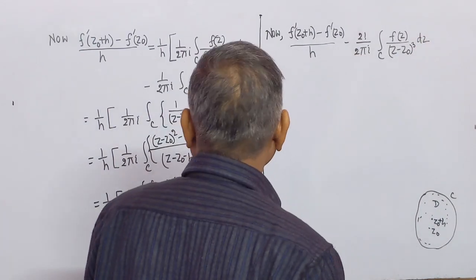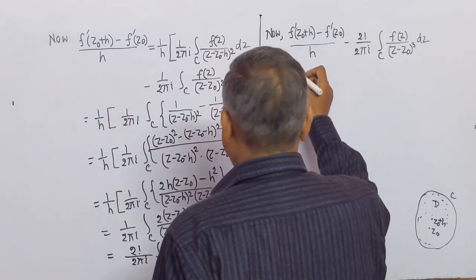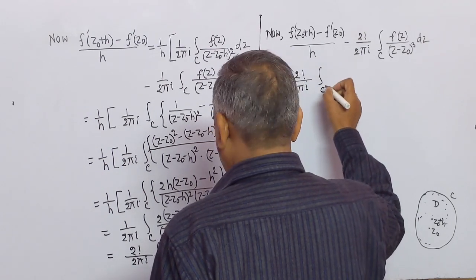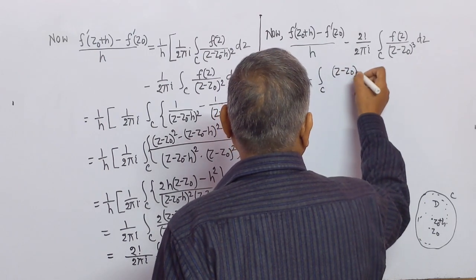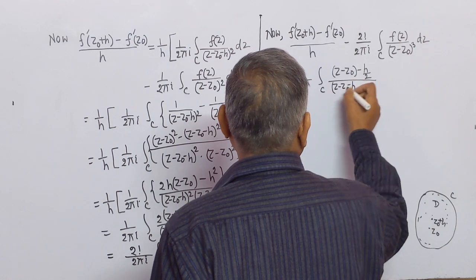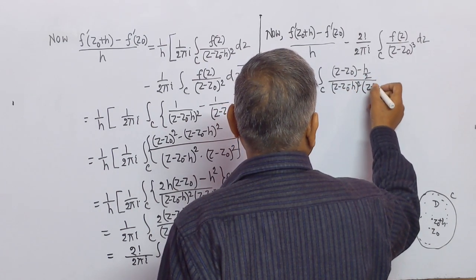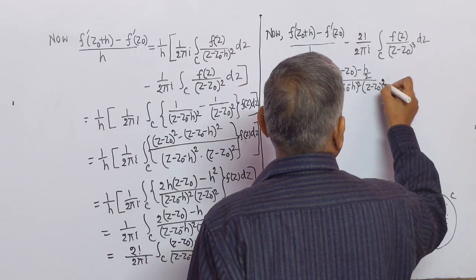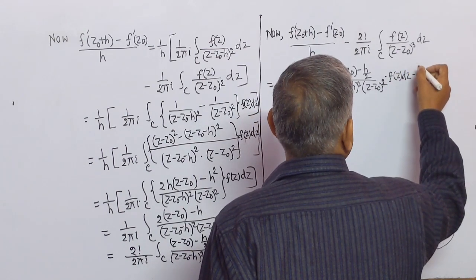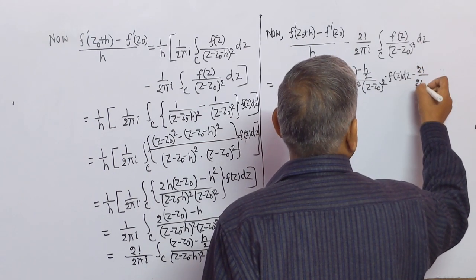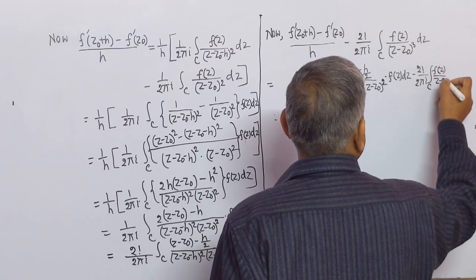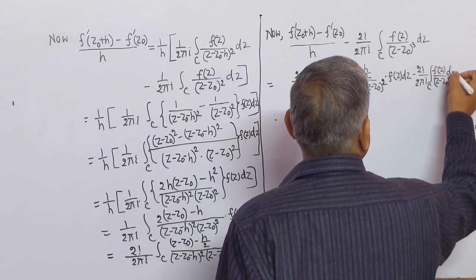This equals, from 3 we get on the left side, factorial 2 by 2 pi i, integration along the curve C, of (z minus z naught minus h by 2) by (z minus z naught minus h) whole square (z minus z naught) whole square, f(z) dz, minus factorial 2 by 2 pi i, integration along the curve C, f(z) by (z minus z naught) whole cube dz.